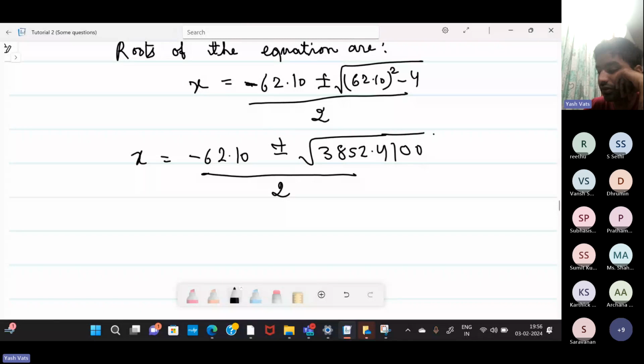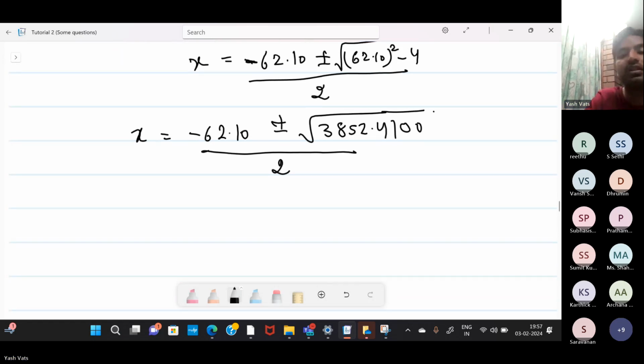Let's do the square root of this. It will be 62.06778. So after rounding, it should be 62.0678.